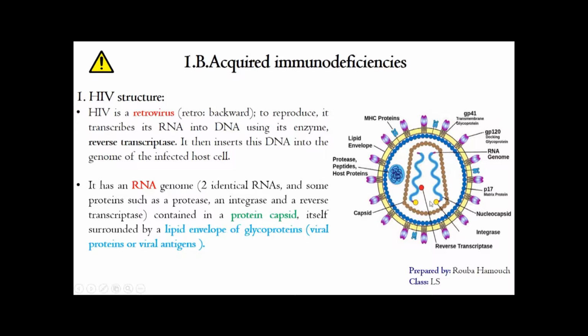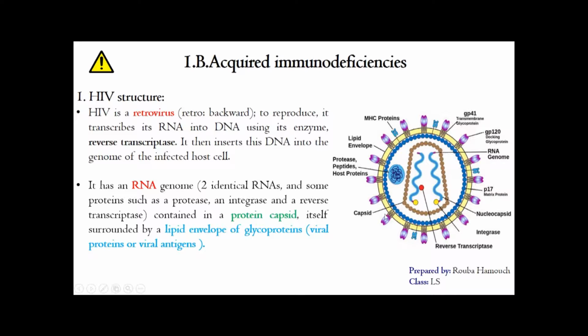This genome, the set of RNAs and associated proteins, is contained in a protein capsid, here in light brown. The capsid is an envelope that protects the viral genome. The protein capsid itself is surrounded by a lipid envelope of glycoproteins, in purple here. The glycoproteins expressed on the surface of the virus are called the viral proteins or viral antigens.